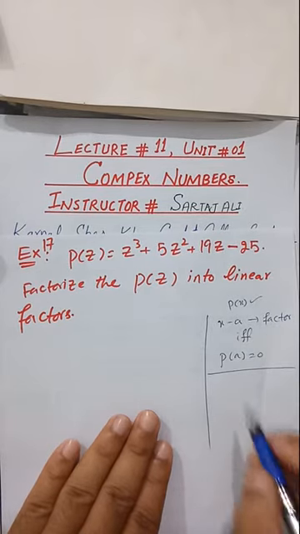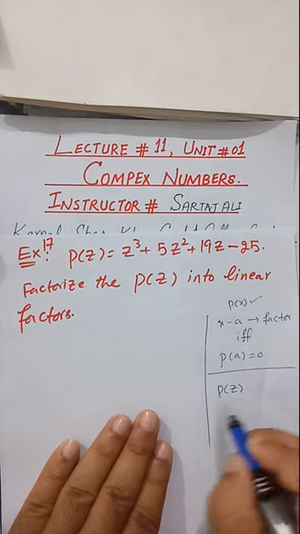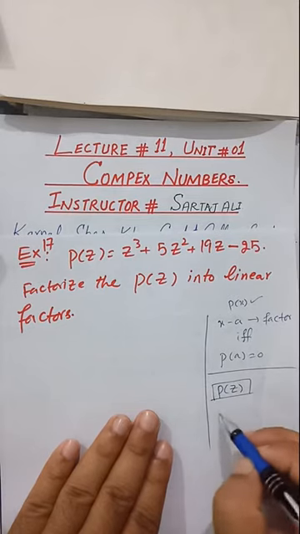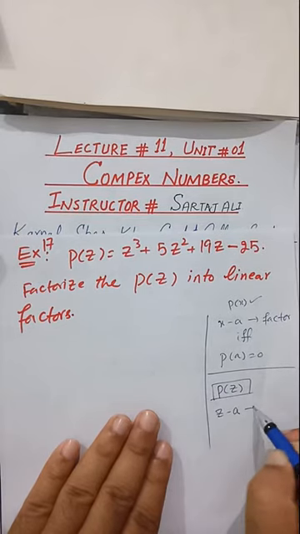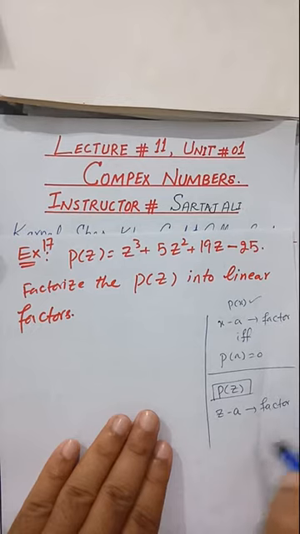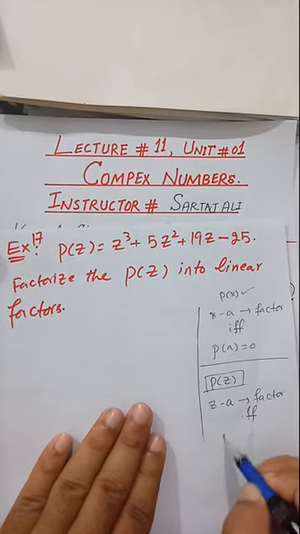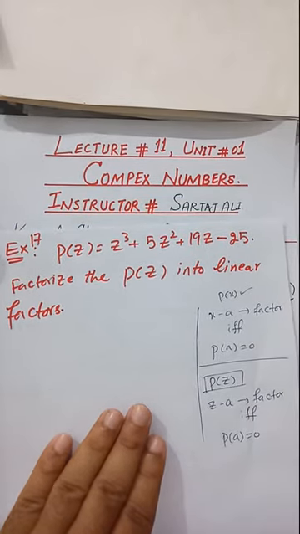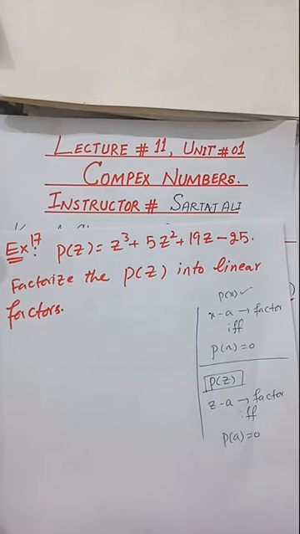But in this case my polynomial depends on z. So if this is your polynomial, then z minus a is your factor if and only if p of a is equal to 0. This if and only if contains both the direct and the converse part. If z minus a is a factor, then it must be true that p of a is equal to 0. And the converse part is, if p of a is equal to 0, then z minus a must be a factor.